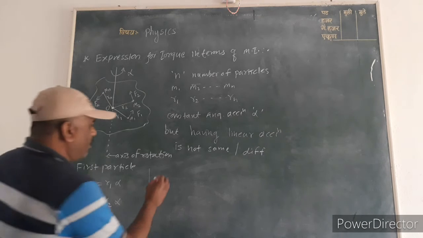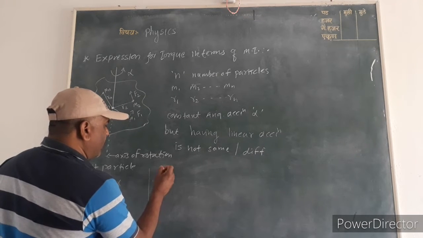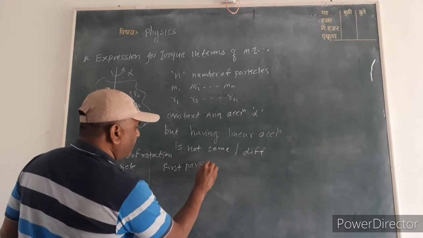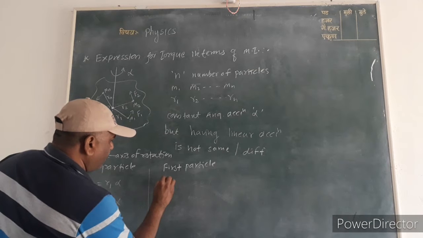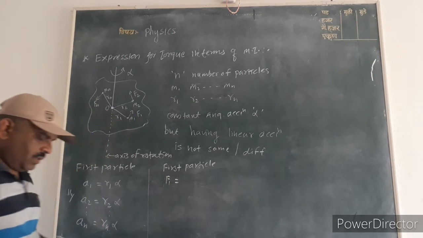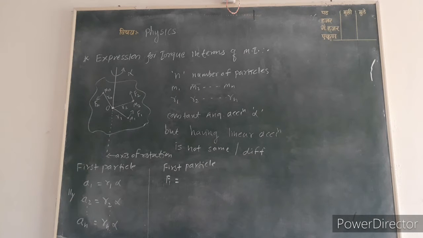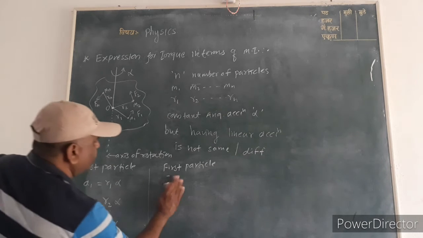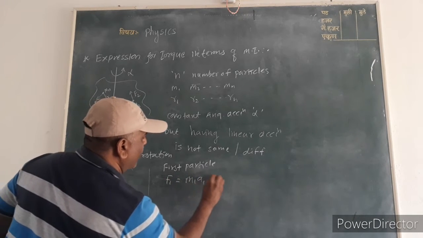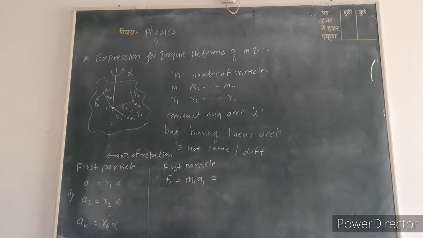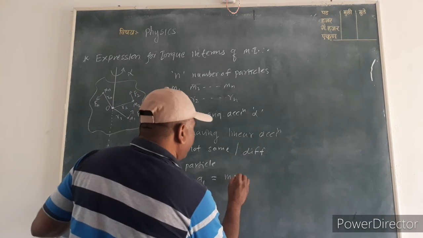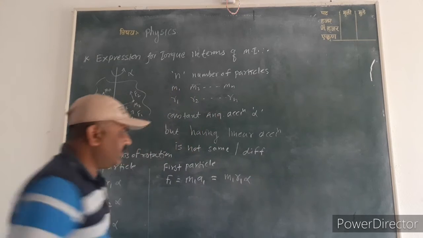Now we find the force on the first particle. F1 is equal to m1 a1, and using the value of a1, F1 is equal to m1 r1 alpha.